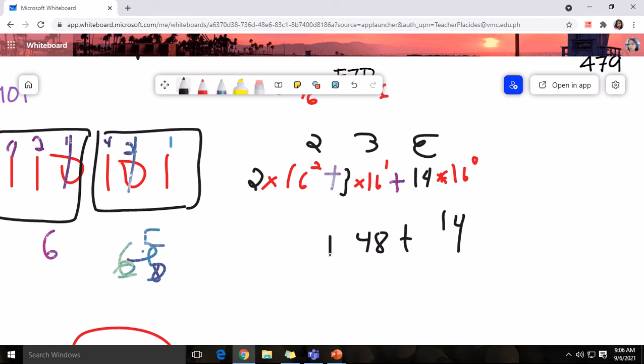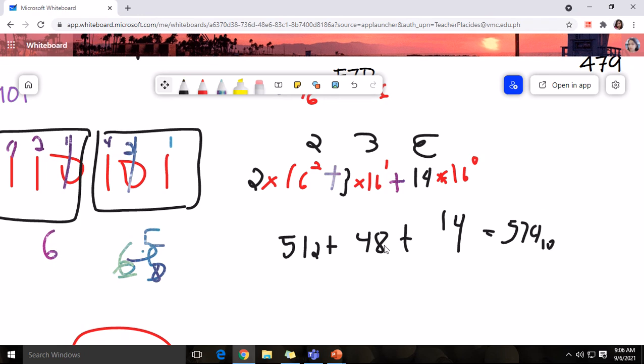And plus 16 times 16, multiplied by 2, is equal to 512. So, 512 plus 48 plus 14 is 62 plus 512, which is equal to 574 in decimal. So that is the hexa going to decimal.